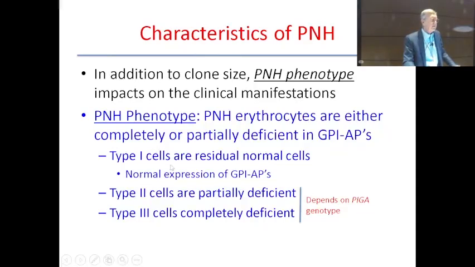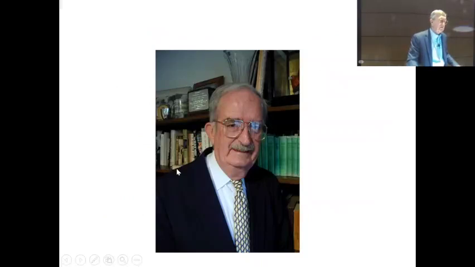They were named very early on, before we understood the genetic basis of PNH, so it's a bit of a misnomer to call them PNH type 1 cells, but they're normal residual cells. Then the type 2 cells are partially deficient in the GPI anchor proteins, and the type 3 cells are completely deficient. I'll show this, well, here's a photograph of my mentor, Dr.